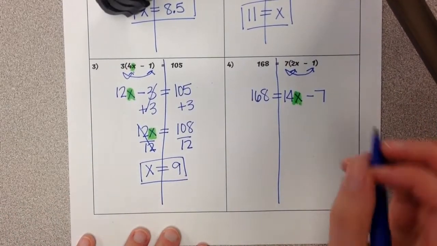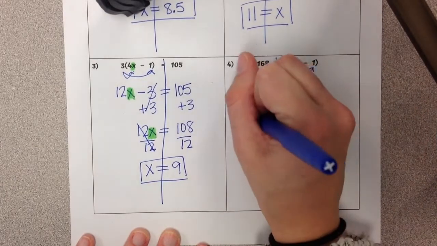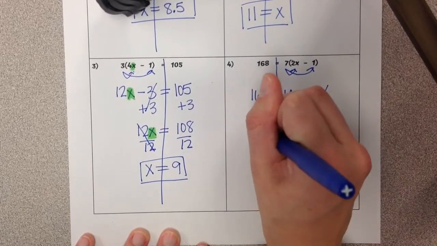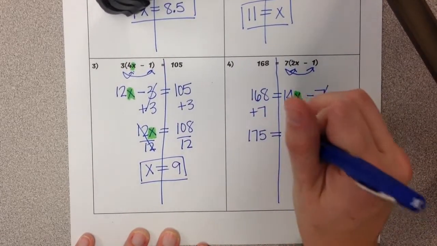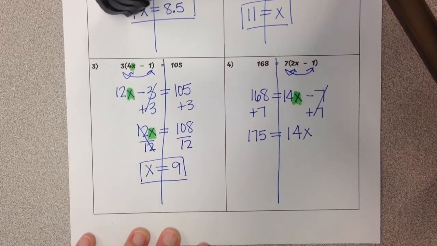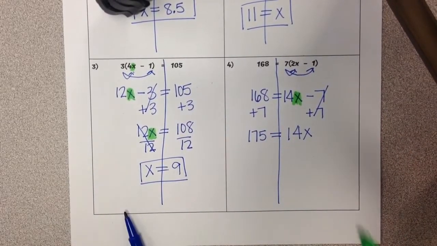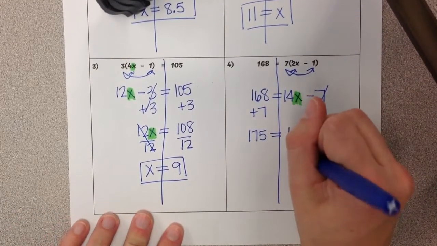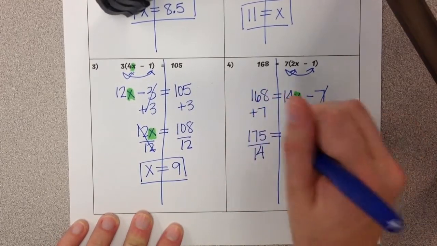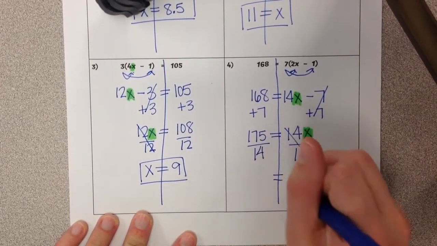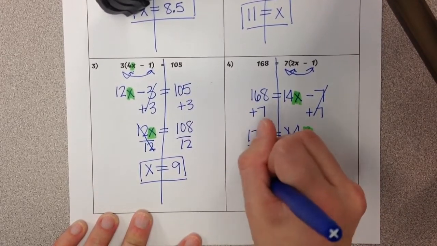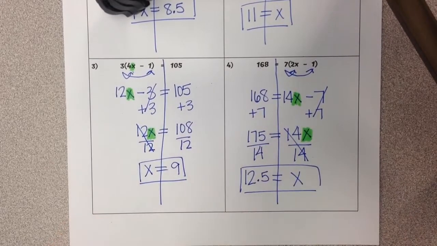We're subtracting 7, so the opposite is to add 7 to both sides. 168 plus 7 is 175, equals 14x. Looking at the side with the variable, x is being multiplied by 14, so the opposite is to divide each side by 14. On the right side, we get x. On the left side, 175 divided by 14 is 12.5, and that's our answer.